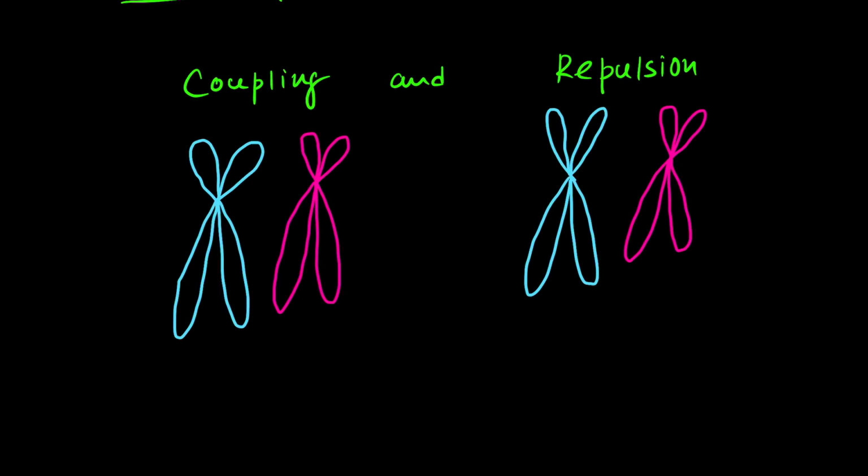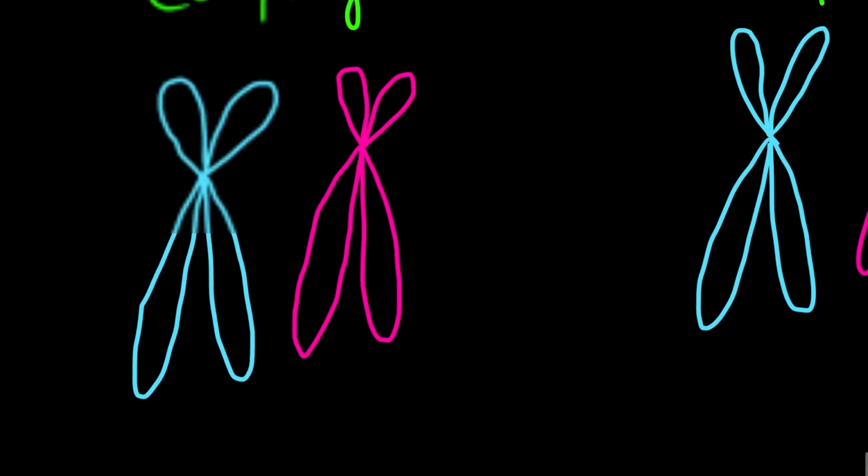So I have drawn two chromosomes. Let us consider that these two chromosomes are homologous chromosomes, meaning that the gene arrangement in these two chromosomes is equal or similar. In coupling, the dominant forms of the genes will be present on a single chromosome.